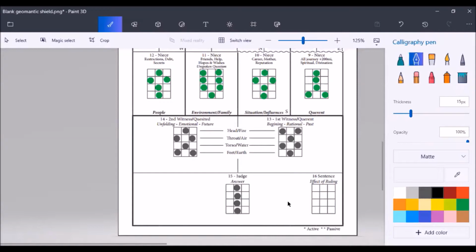Think of it like this. It's probably going to render a negative outcome, not what your client is asking for, not what you're looking for rather. But it may be bad for right now, but it's going to be good for something else.